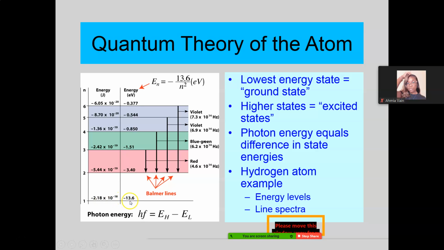So this would be your ground state, and then the difference between these are your other levels. The difference between them is positive, okay? Not negative. Energy is positive, but they put the energy levels at negative numbers. So it's a little hard to wrap your head around, but that's what it is.